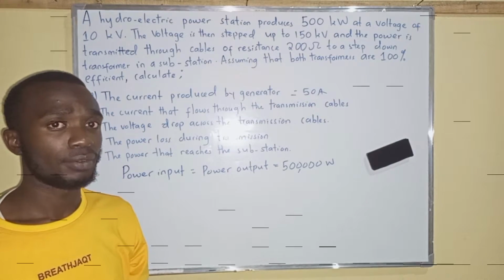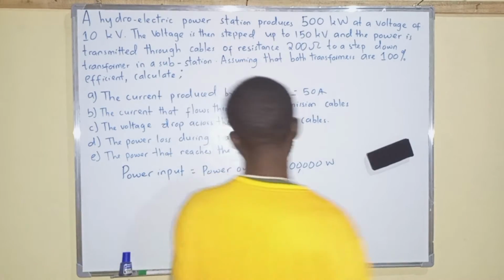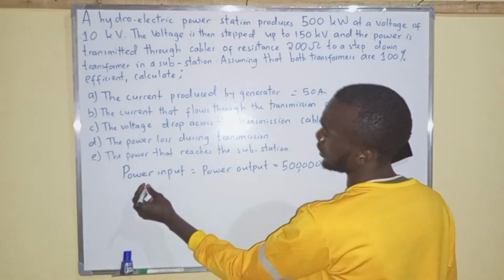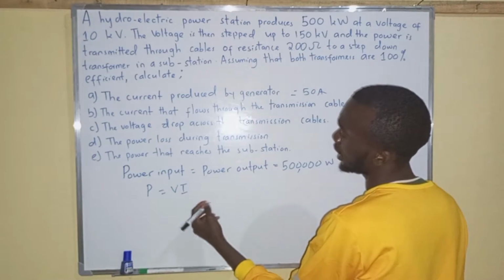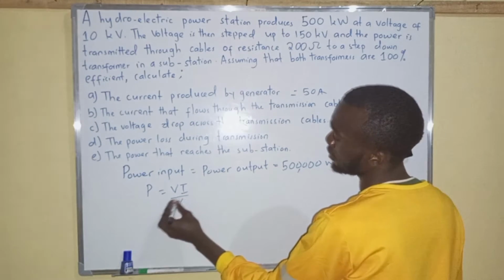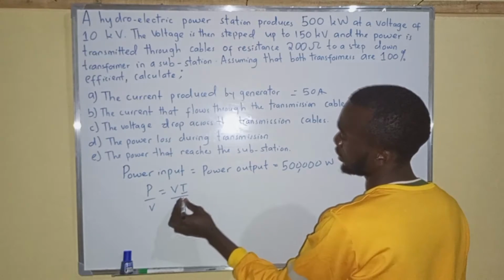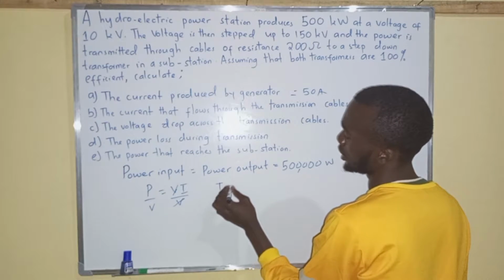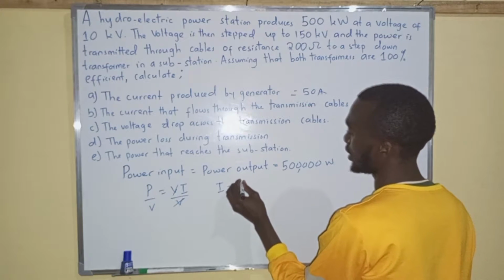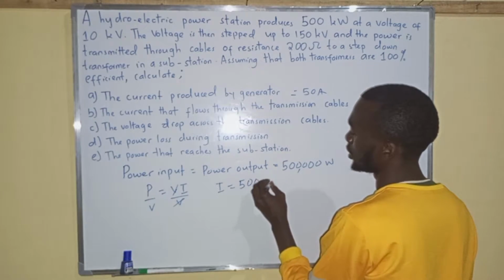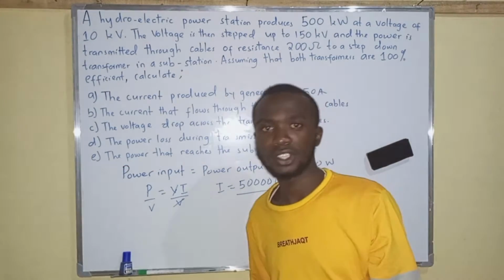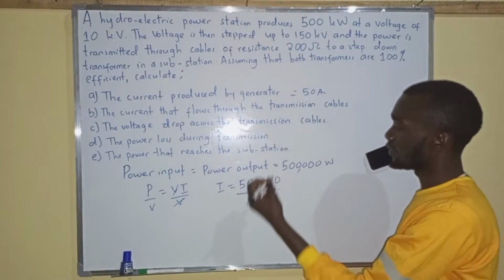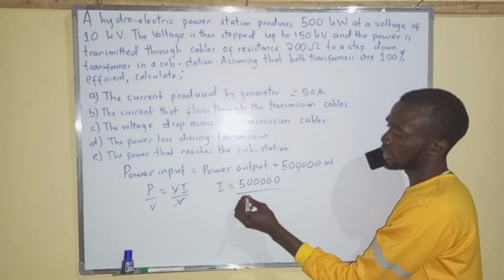Now to apply the formula, power is equal to VI. To calculate the current, we divide everything by V. So the current is equal to the power, which is 500,000 watts, divided by the voltage in the secondary coil, which is 150,000 volts.